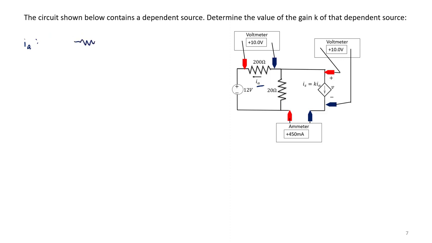If I were to normally apply Ohm's law and use the passive convention, we know that voltage is equal to current times resistance. But you need to be careful because notice I sub A is going in the opposite direction.